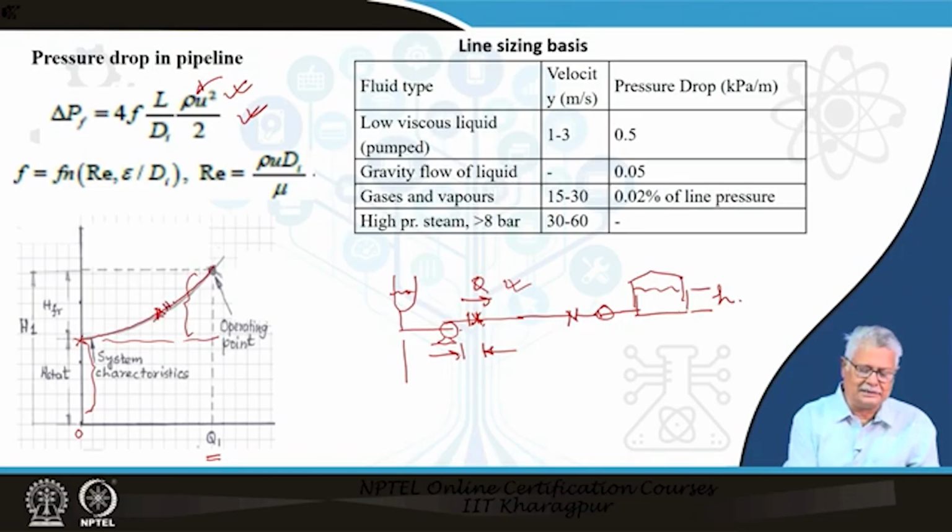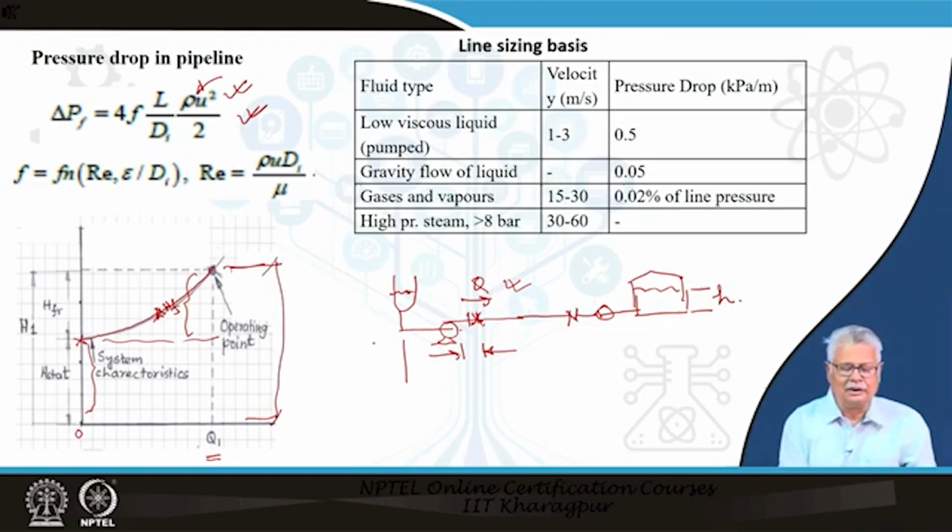This is delta H due to friction, and my total head or total pressure drop across the system is this. This plot of the head required to make the flow corresponding to a flow rate of Q is called the system characteristics, or system hydraulic characteristics.